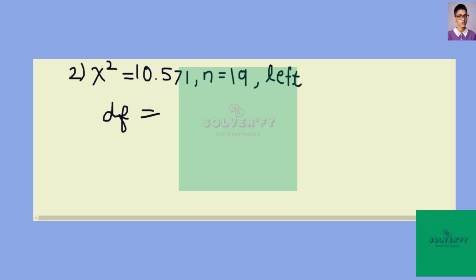For this problem, degrees of freedom equal n minus 1. Since n equal to 19, degrees of freedom equal 19 minus 1, which is equal to 18.